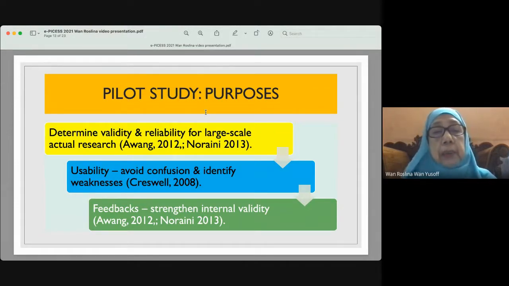When the respondents use it, I don't want them to be confused with the statements, so I have already done that during the pilot study. From there we can also identify weaknesses, and the feedback from the pilot study will strengthen the internal validity of the instrument.